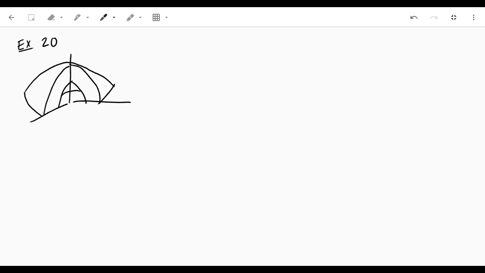Hopefully you can see it. Some shading back there, some shading along the edges maybe here. You can see what's going on. And this is from 1 to 2. So we've seen this a couple times now, right? We've got rho between 1 and 2. z is always positive, so phi must be between 0 and pi over 2.